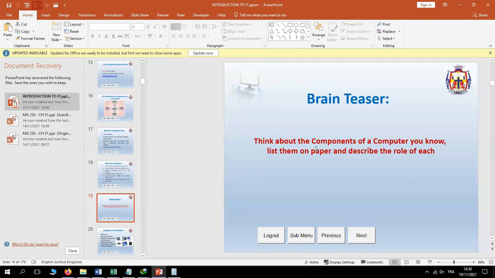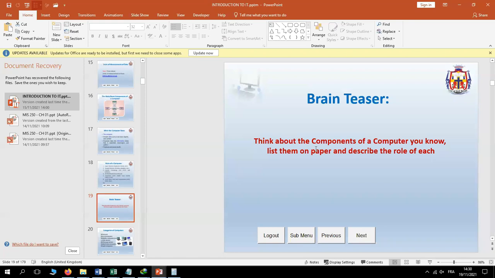So investigate the different components and what each one of them does. Maybe you could even get a piece of paper, find out the components, write them down, and their roles. You never know, in future you might be asked to provide that list.